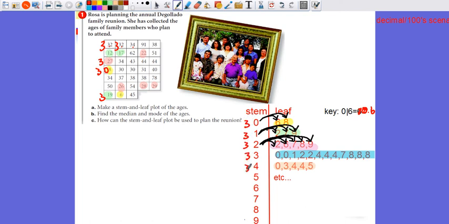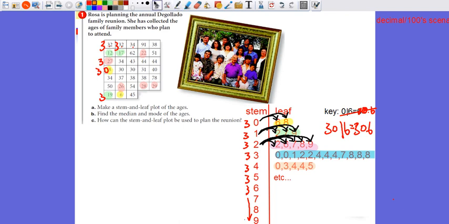You could do it that way, 3 all the way down. And the way you would write this key would be 3 line 06 equals 306. That's a 3 right there. So that's how you would write it. That's another example I'm making up as if all of these were 300s.